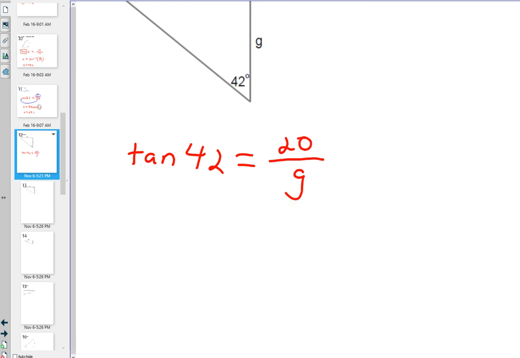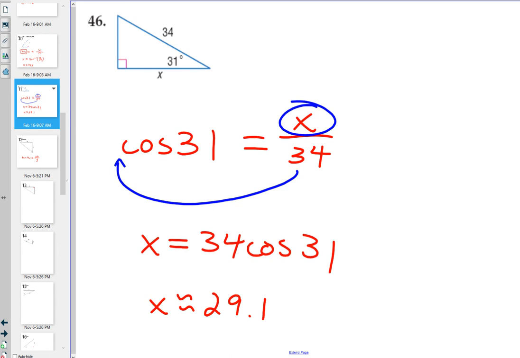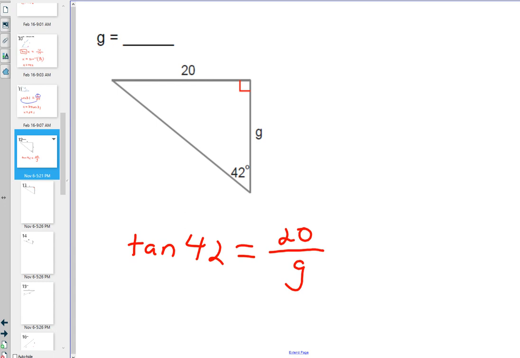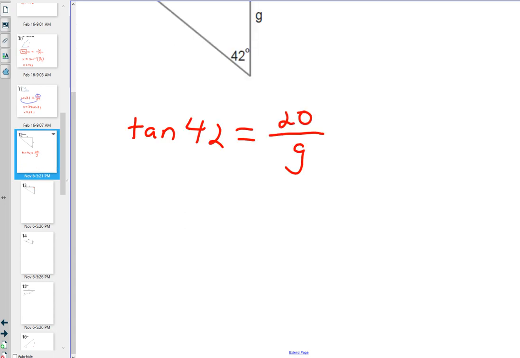Even though the trig function is different, that's not a big deal. That's just a matter of what button you're hitting on the calculator. What's more important is that the unknown is on the bottom of the fraction. Who remembers the trick I taught you when the unknown's on the bottom? When it's on the top, you multiply. When the unknown's on the bottom, you're going to divide. How do you divide specifically? Just flip-flop these two.